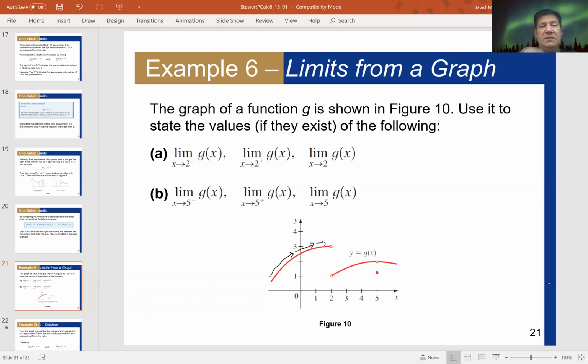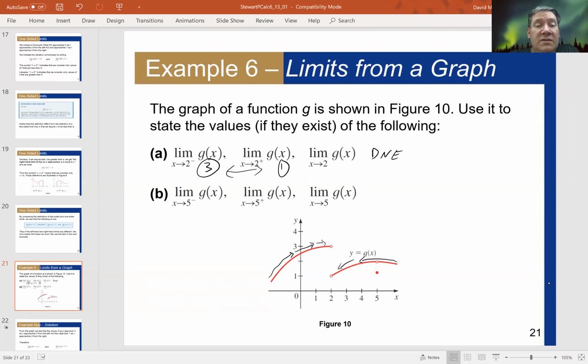And as we get closer and closer, the value is getting closer and closer to 3. Now, if we follow the same thing here, the limit of g of x as x approaches 2 from the right, that means we're going in this direction, and as x approaches 2 from the right, it looks like this limit is 1. So the limit of g of x as x approaches 2 does not exist because these two values are not the same.